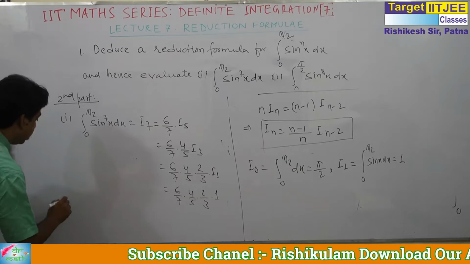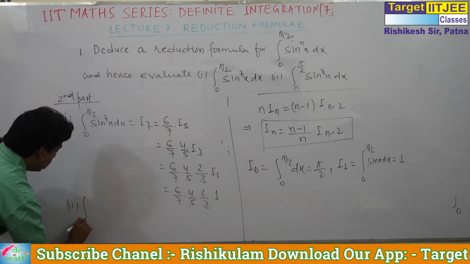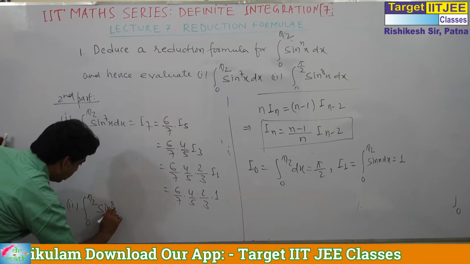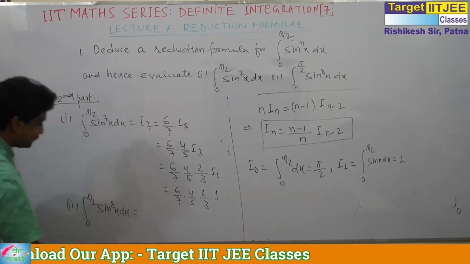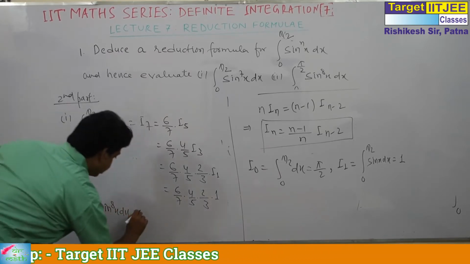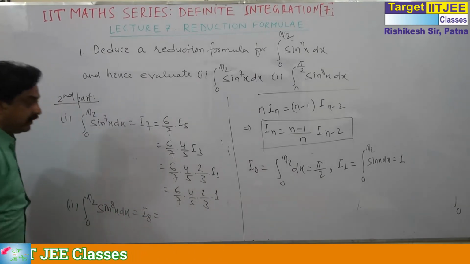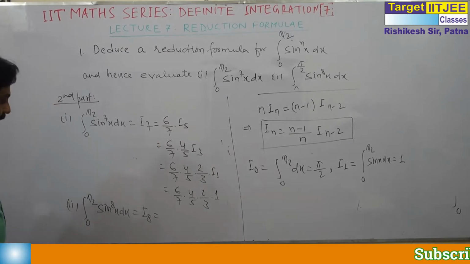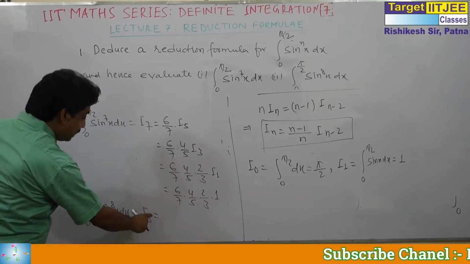And likewise, what is the integral from 0 to pi by 2 of sine to the power 8x dx? Let's see. I will write in one step. Actually, this is I_8.